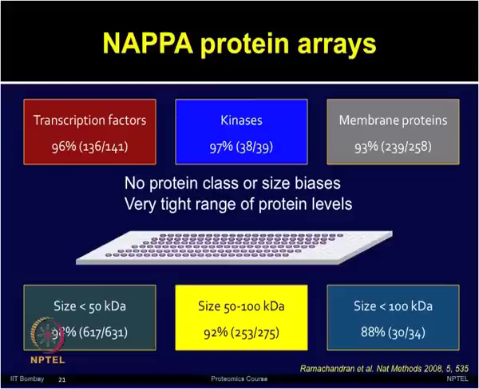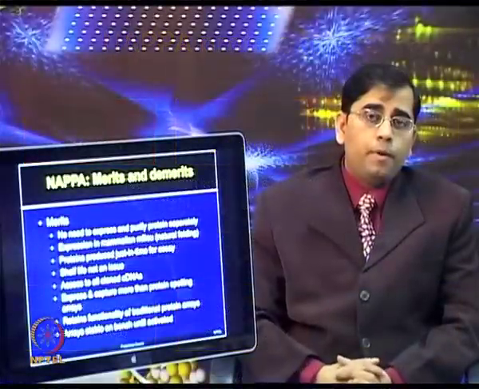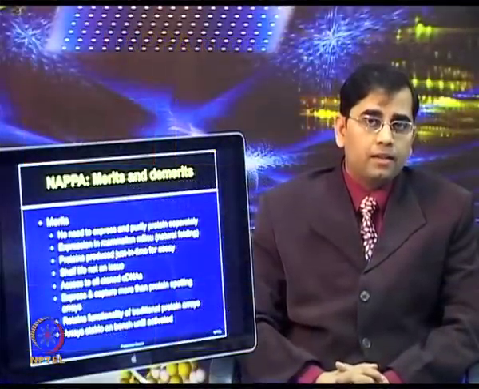So, by testing different classes of proteins, often considered very difficult ones, it was demonstrated that the NAPPA approach can be used for protein synthesis even in difficult situations such as very small proteins, very large proteins, as well as membrane proteins. So, the NAPPA method has many merits.